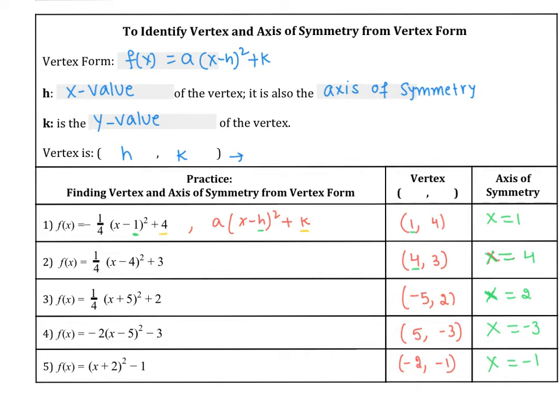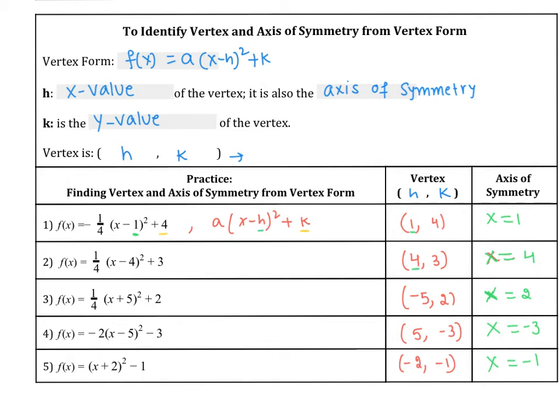For the first problem, the number in the front is used for reflection or vertical stretch or shrink. When we find the vertex, that is h and k, you find the inside number and compare it with the original equation.